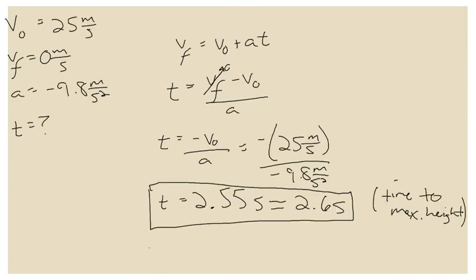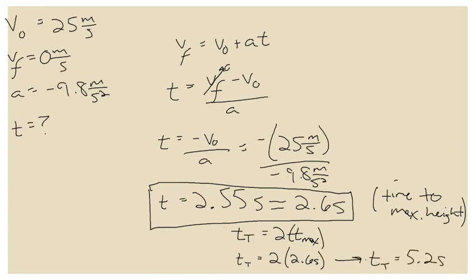Because if it takes 2.6 seconds to come up, it takes 2.6 seconds to go down. And so we're going to say here, t total, the total time, is 2 times t max. And that would be 2 times 2.6 seconds. And that's going to give us a total time of 5.2 seconds.